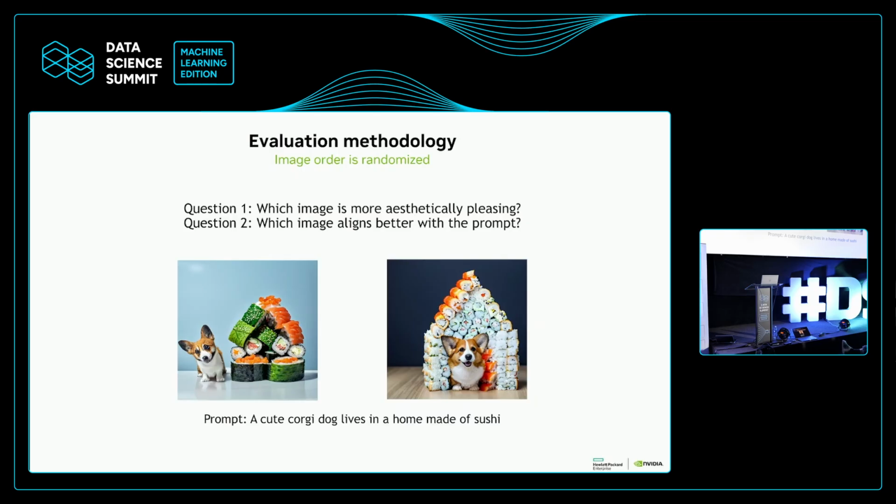So which image has better quality? The second question is about alignment with the prompt. So we ask them which of these two images aligns better with the prompt. So here we have a prompt, a cute corgi dog lives in a house made of sushi. And we can see that both images are pretty nice quality, but there's a problem with this one. The dog is not really inside of the house made of sushi. So the image on the right corresponds better to the prompt.